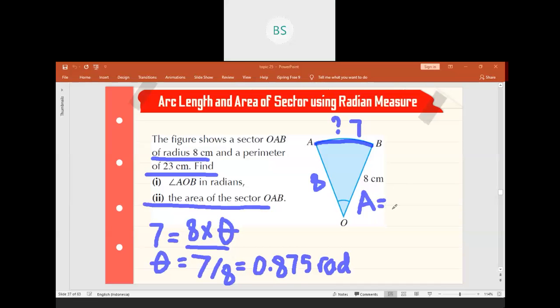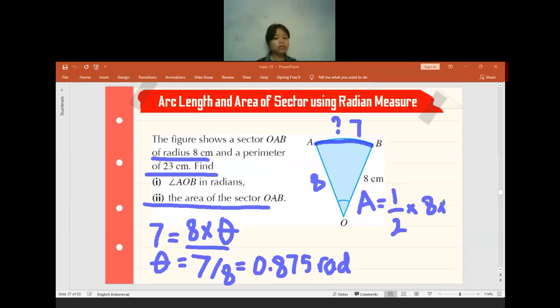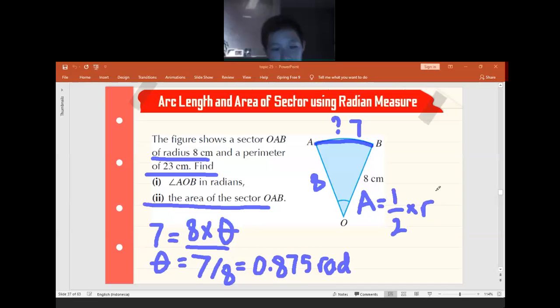Sector area is a half times 8 times 7. Is it only 8? No. What is the formula? A half times r square times theta.